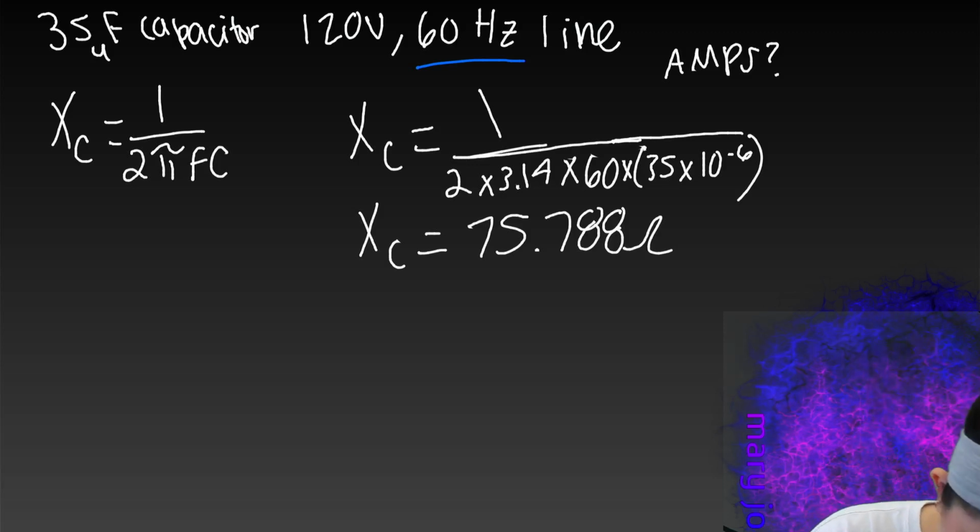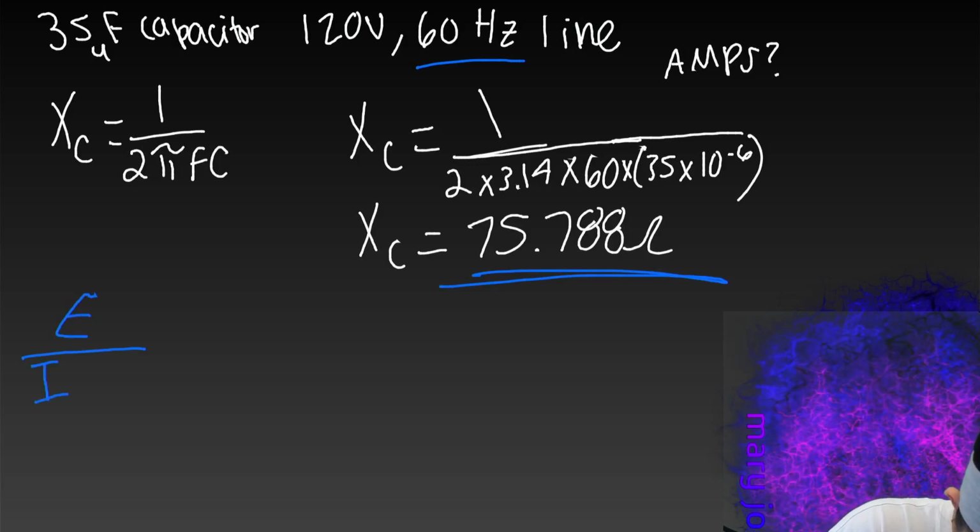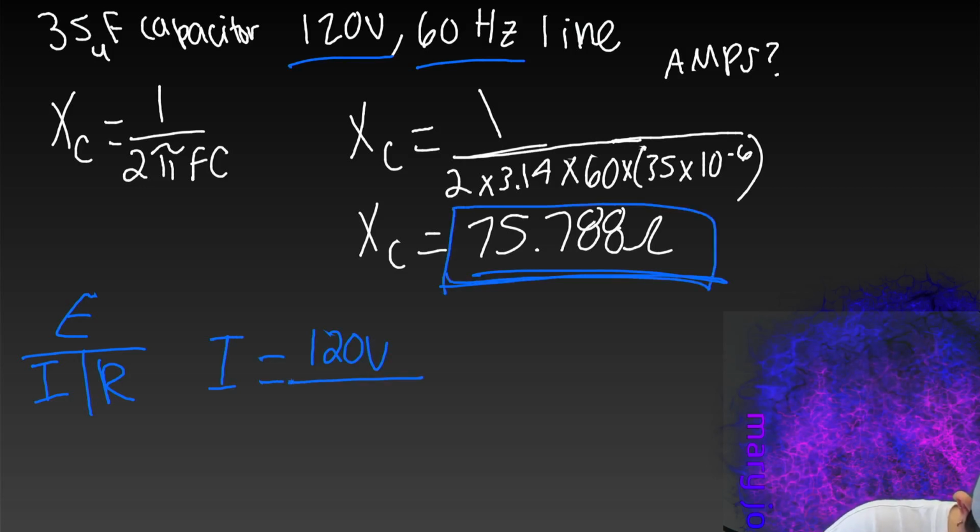So now that we have our ohms, we can just simply do Ohm's law. So if we're looking for current, it is going to equal our voltage, which is 120, right, up here, divided by our resistance, which is measured in ohms.